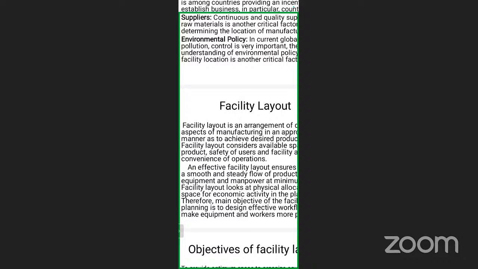Once you find the location for the facility, then you can operate your business. If your location is suitable for the production of a product, that means you got it for the facility.